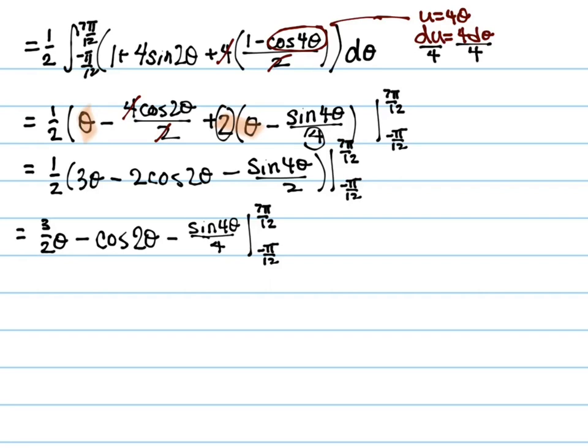You don't necessarily have to wait to multiply through by the 1/2 there. You could have waited till the end and got your value inside and done it that way if you prefer. But okay, are you ready to substitute these values in?